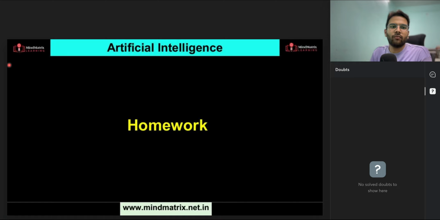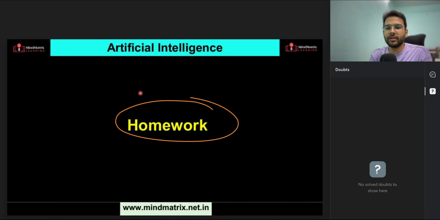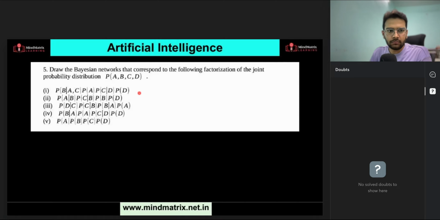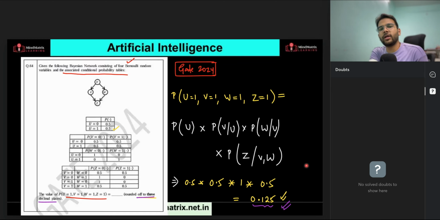Now I'm giving you some homework related to this Bayesian network. Simple homework: draw the Bayesian networks for this joint probability distribution for all these parts. Based on the expression given to you, after attending this lecture, anyone can get 2 marks from this Bayesian network for sure.